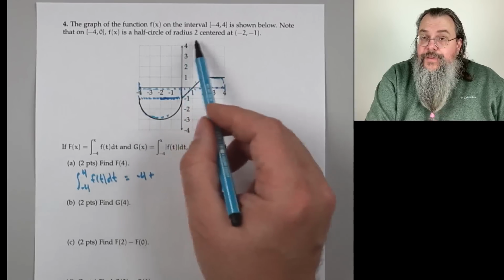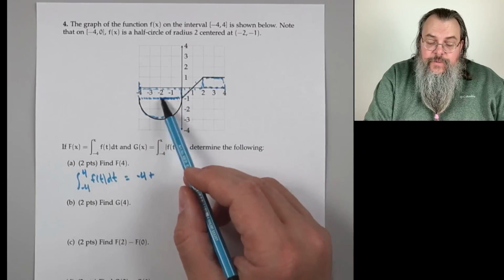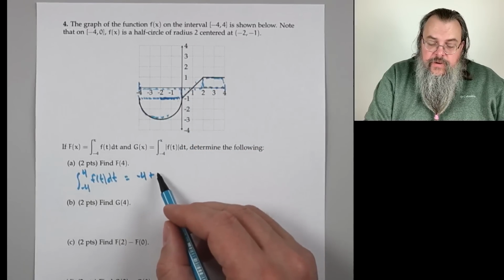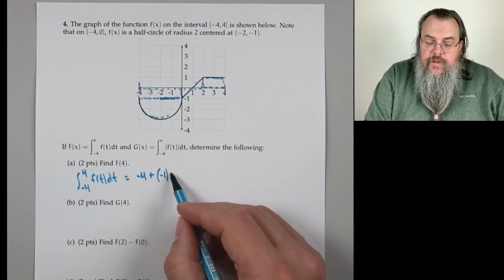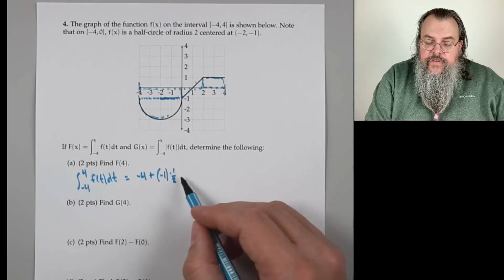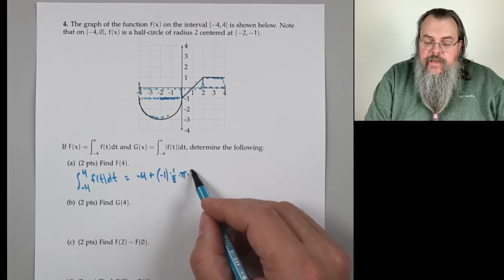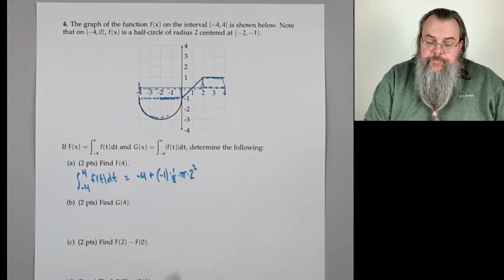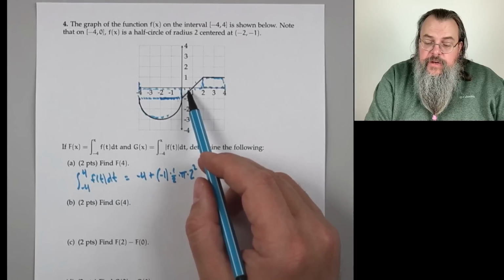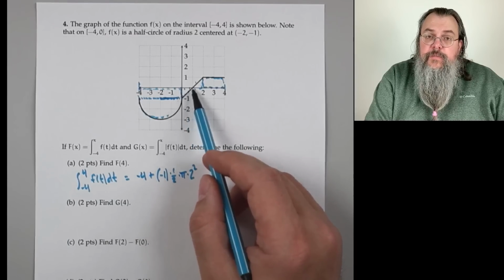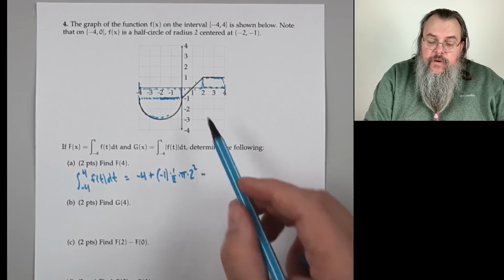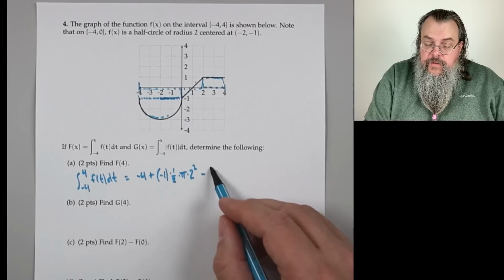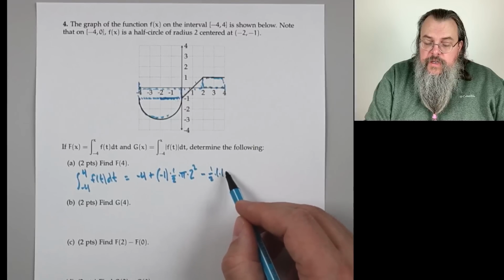And because, well, it tells us radius 2. And we're taking half of them. So because we're downstairs again, we'll have a minus, but then we have half of a circle of pi r squared. Now we come here, there's a little triangle, but it's below, that's a minus, and so that's minus, well, 1/2 base height, so 1/2, 1, 1.